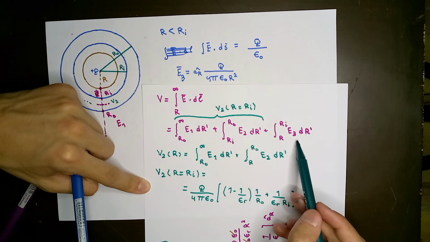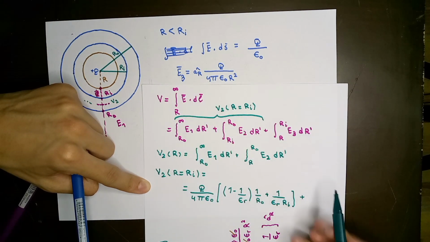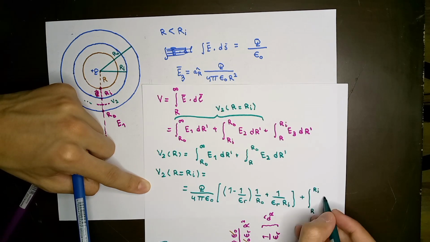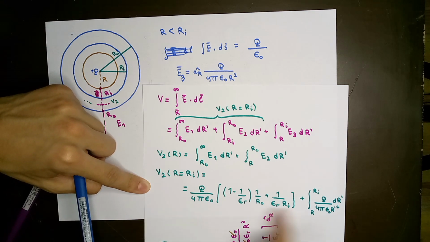For this integral I'm going to substitute the right hand side of this equation for E sub 3, and of course I'm not going to forget substituting r for the dummy variable r prime, because we have r at the bounds of this integral, and just solve this integral.